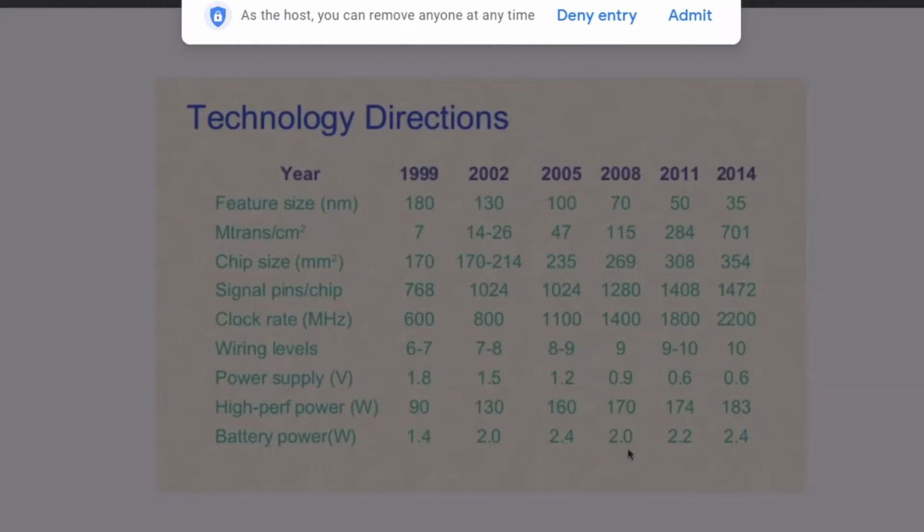Now, you can see the technology direction from 1999 to 2014. Here we observe that feature size is decreasing, and the number of million transistors that can be formed per square centimeter of area is increasing. These are the ways technology is extending Moore's law in recent years.